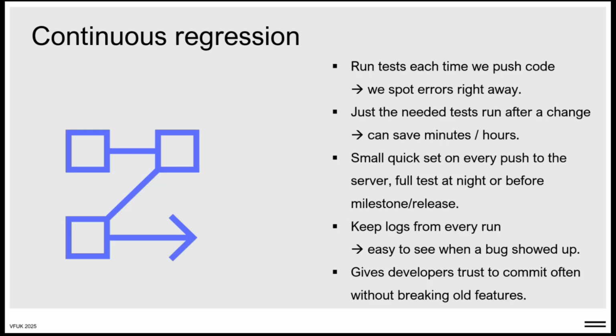We then can run a small quick set on each push and a full set at night or at milestones. We will have logs saved so we can see exactly when a bug got introduced. And it also promotes small and frequent pushes instead of large commits at the end of the day.